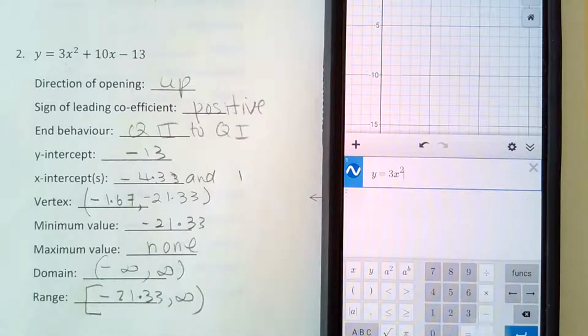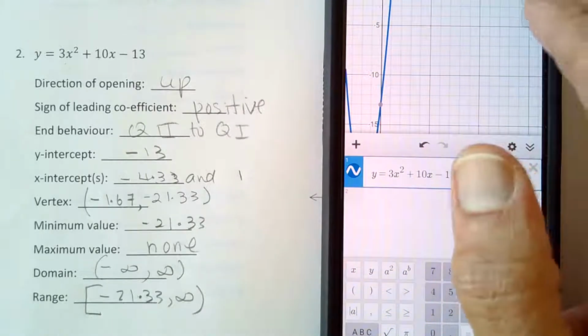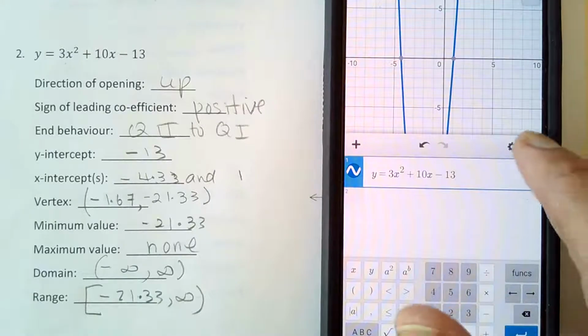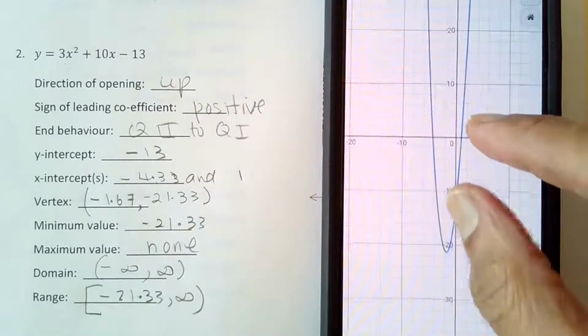So y equals 3x squared plus 10x minus 13. You have x, and this is your square button. Press that, and there's a chevron down so you can see a graph.